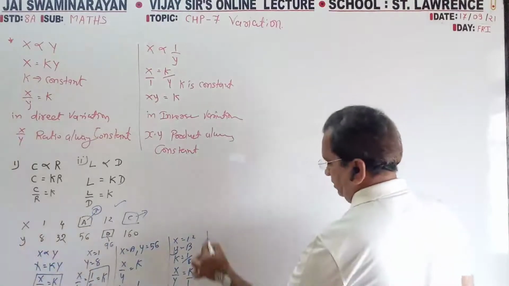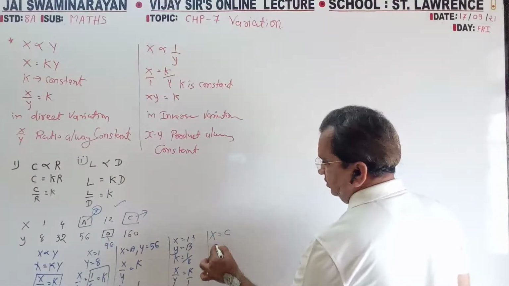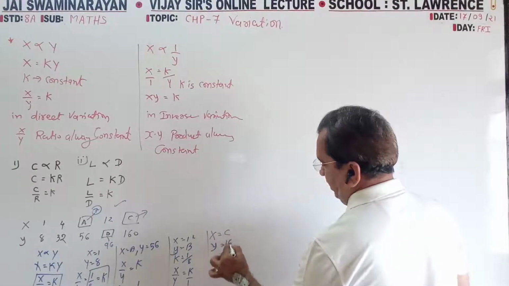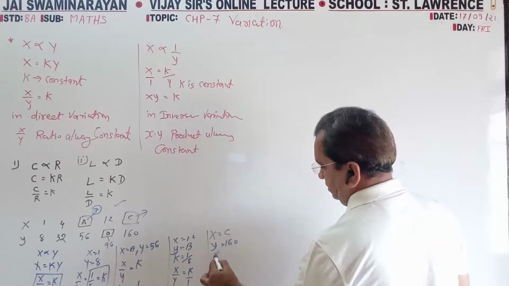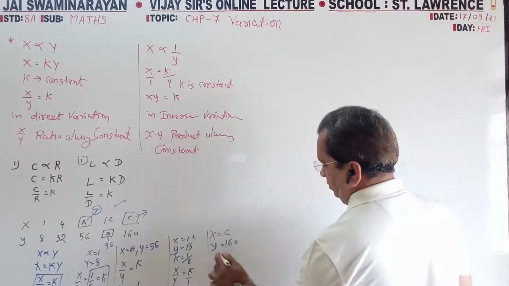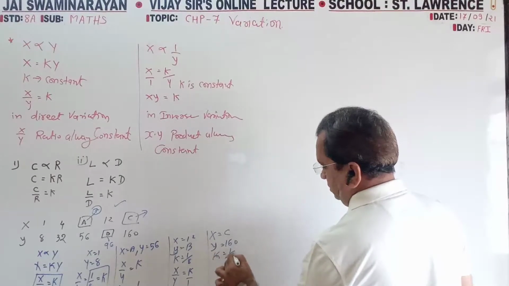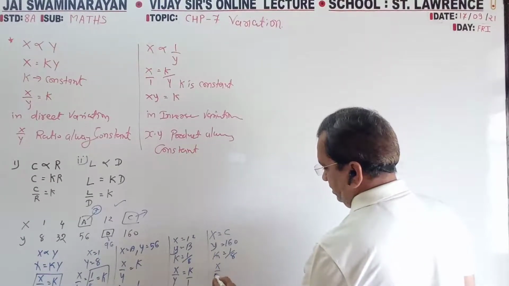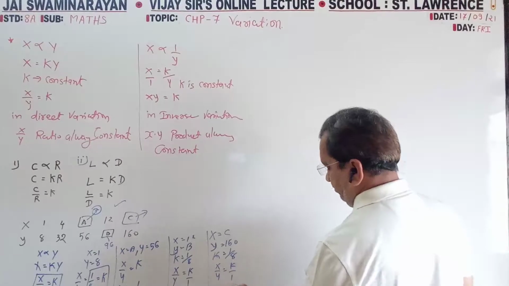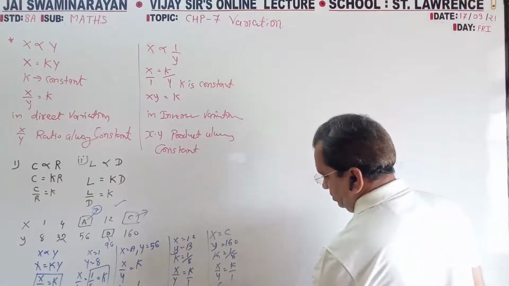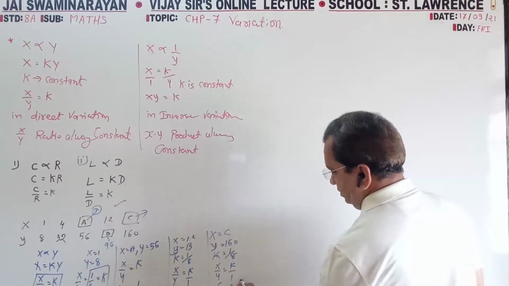Now see, X is equal to C, Y is equal to 160, K is equal to 1 by 8, X by Y is equal to K. C by 160, it is 1 by 8.